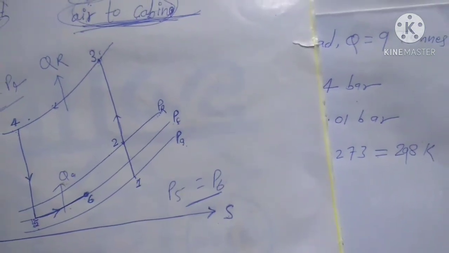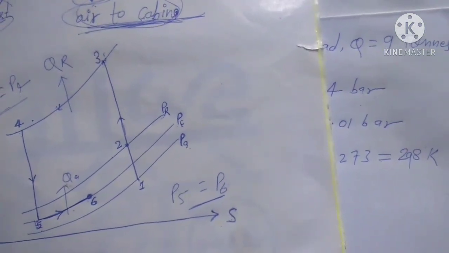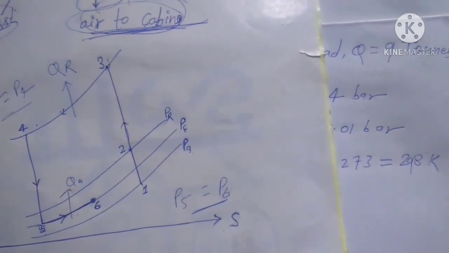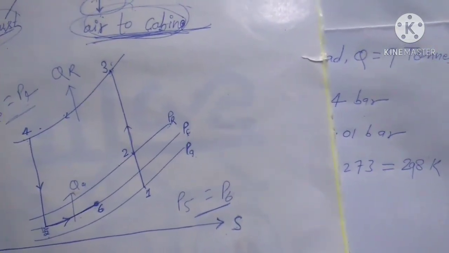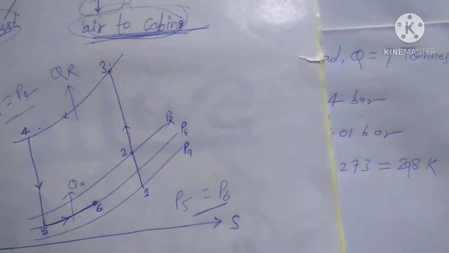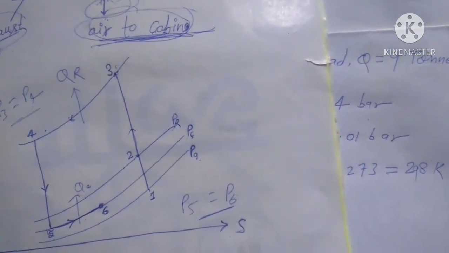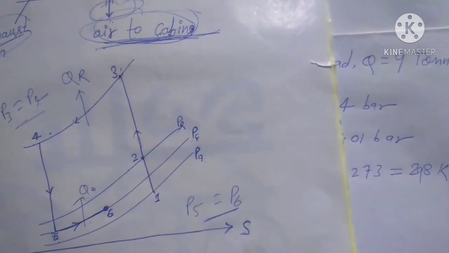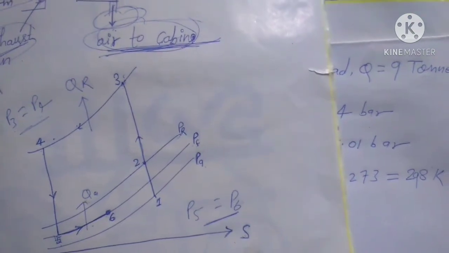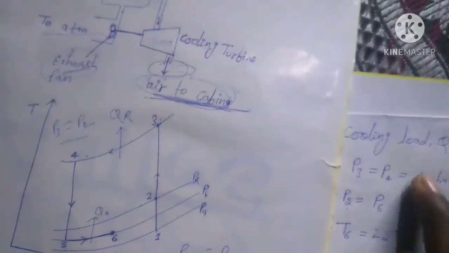Then the question is, find out first the power required to take the load of cooling in the cabin, and second the COP of the system. It is assumed that all expansion and compression are isentropic, and the pressure of compressed air is 4 bar, as given here.